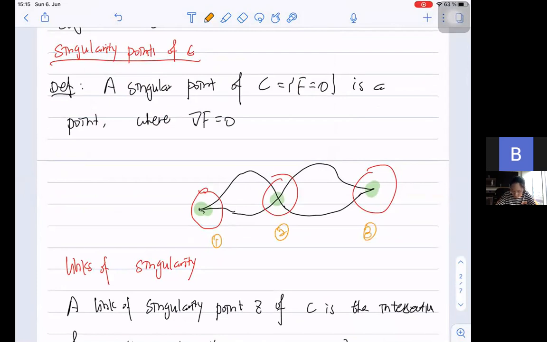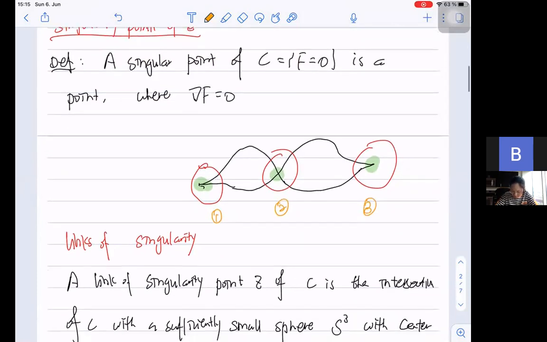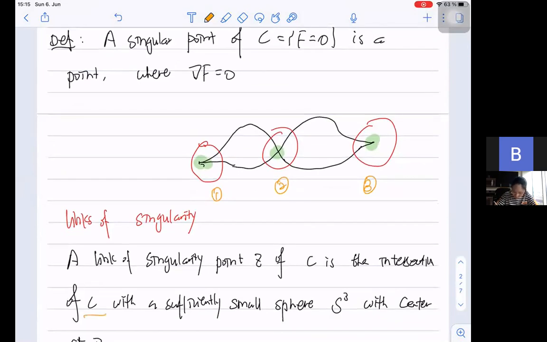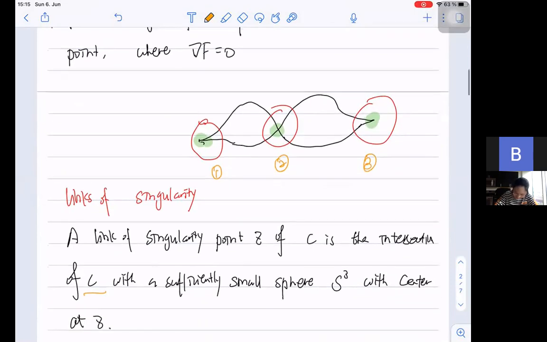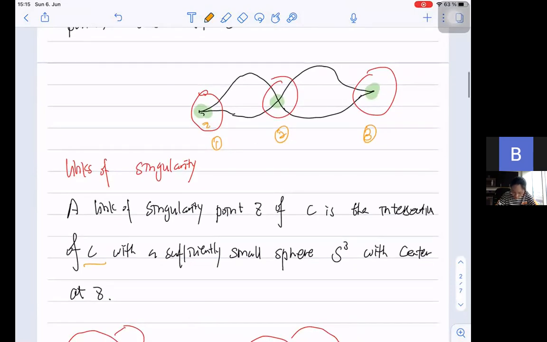At each singular point, you can consider the intersection of the curve C with a sufficiently small sphere S3 centered at the singular point z. This intersection is called the link of singularity. It is a one-dimensional submanifold, so you obtain a link.